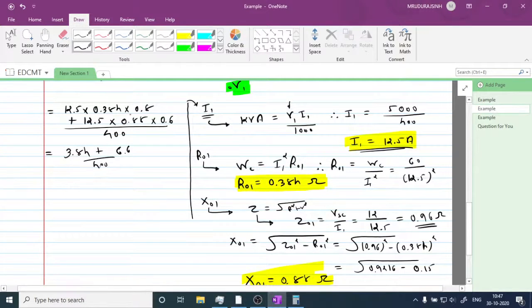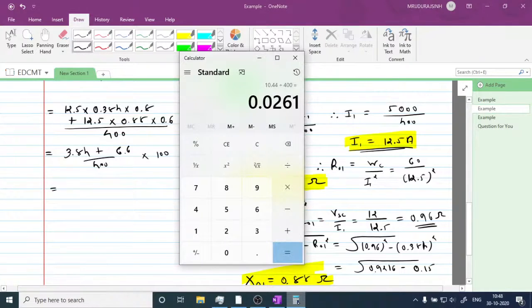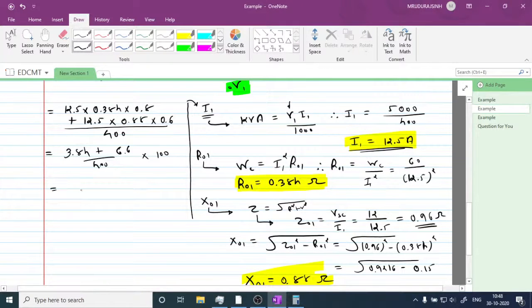As it is percentage regulation, we need to multiply it by 100, so it's 2.61%. So percentage voltage regulation is 2.61.